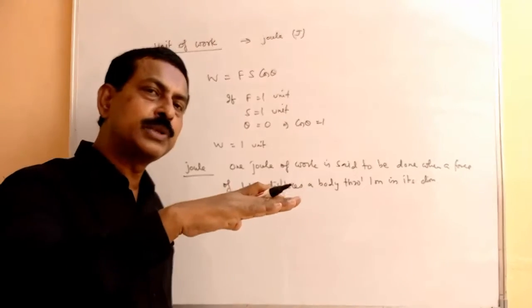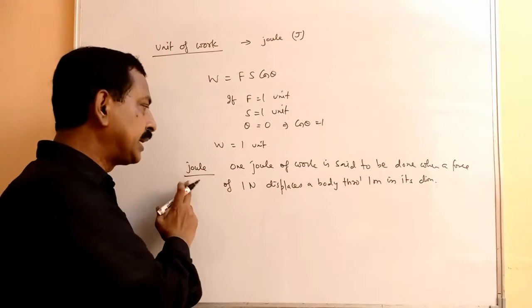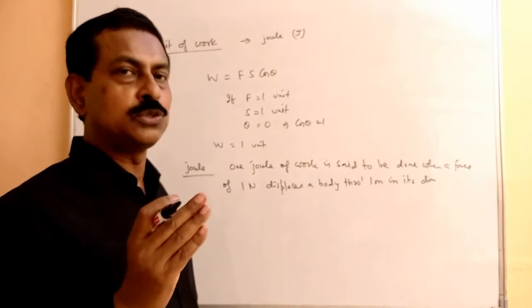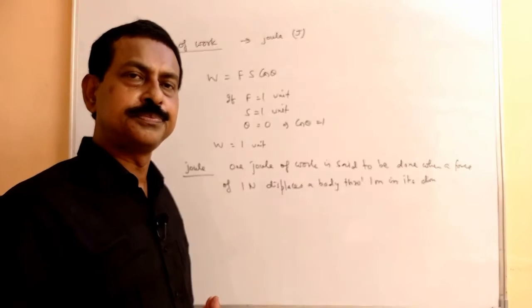Exactly in its direction, that means the angle between the two will be 0 degrees. Then we take work done as 1 joule. And this is how you can define 1 joule.